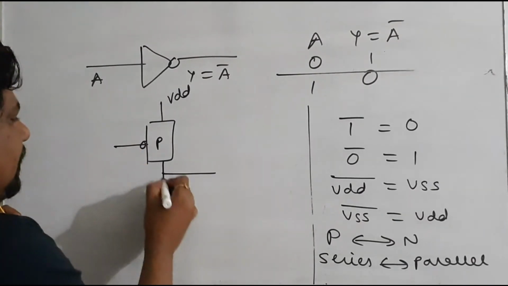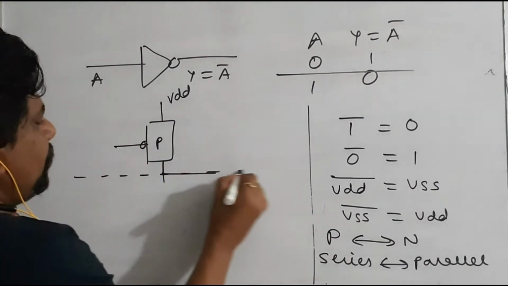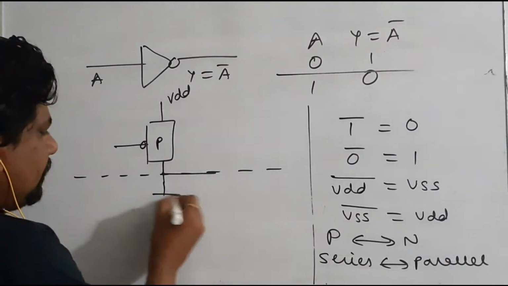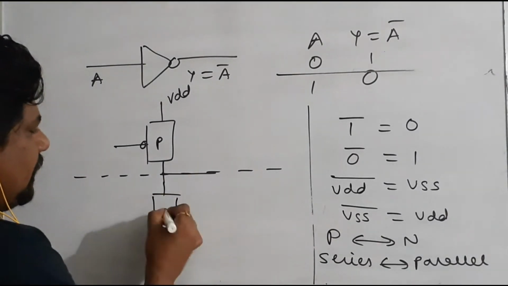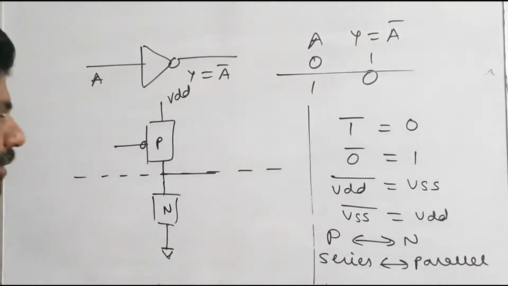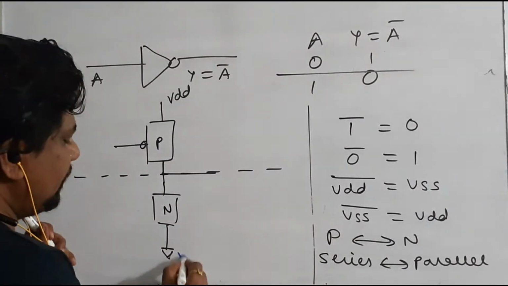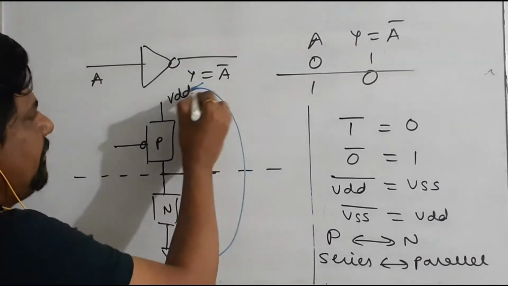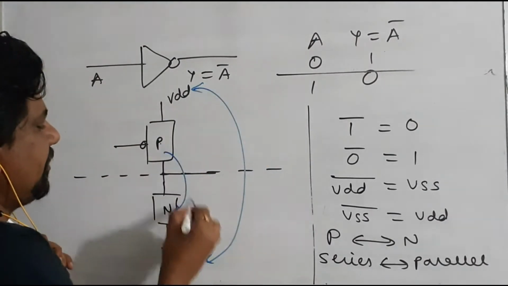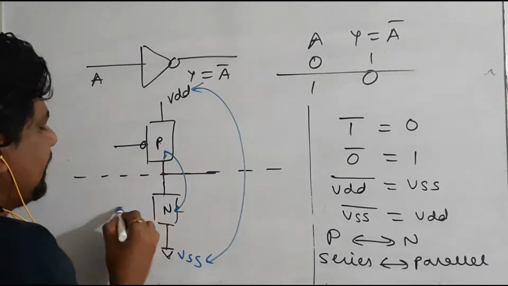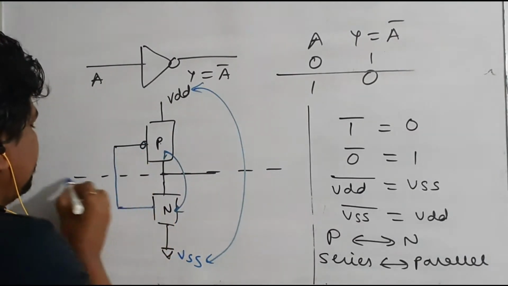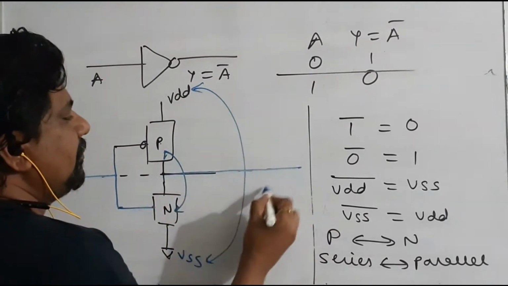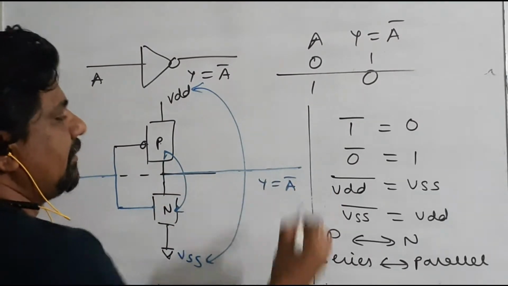This is gate terminal. If I try to divide this into two equal parts, upper part and lower part, N. Now why is this VSS? Because I know that the lower section is exactly the complement of the upper section. VDD and VSS are complement of each other. P and N are complement of each other. Here bubble is there, this is without bubble. This is A and this is now your Y is equal to A bar.